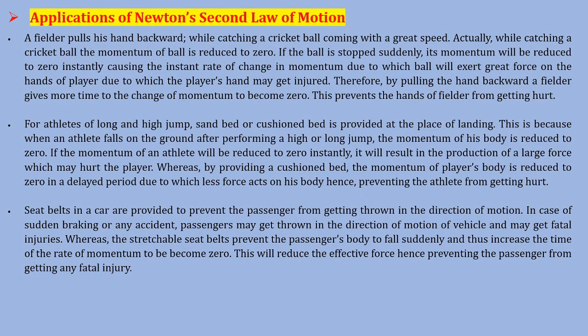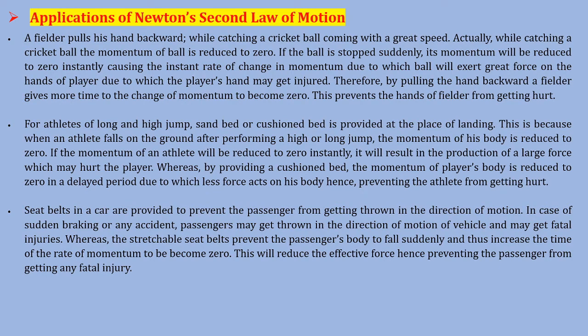Therefore, by pulling the hand backward, a fielder gives more time for the change of momentum to become zero. This prevents the hands of the fielder from getting hurt. That is, whenever you are catching a cricket ball, you have to lower your hand down along the direction of the ball for a few times.